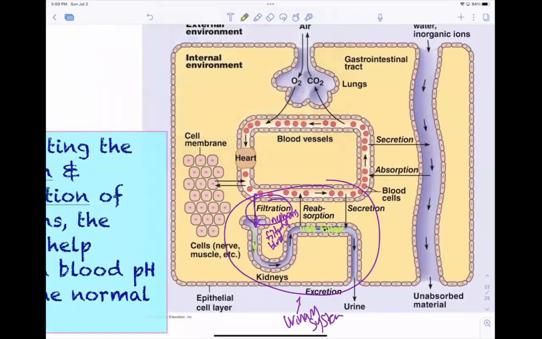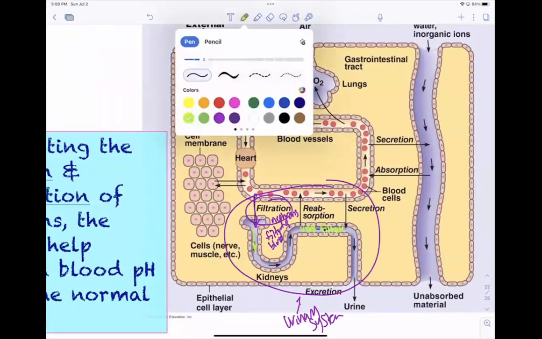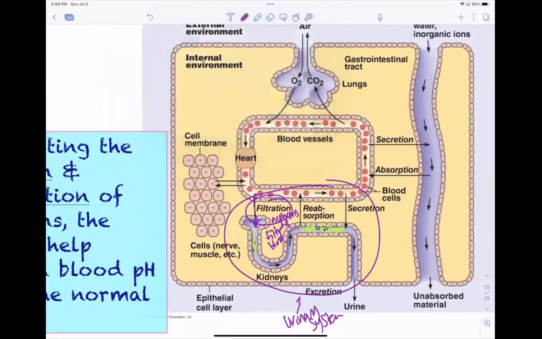Now, everything gets filtered out in the beginning, right? So everything becomes urine filtrate, but a lot of it gets reabsorbed back into the blood. Your body can decide it wants to secrete some things back into the urine filtrate.